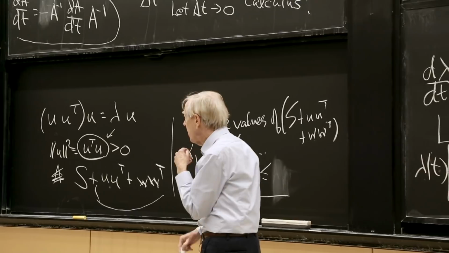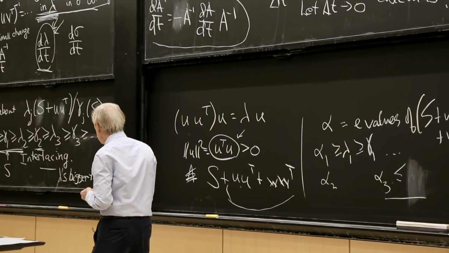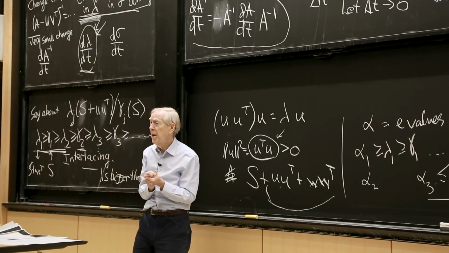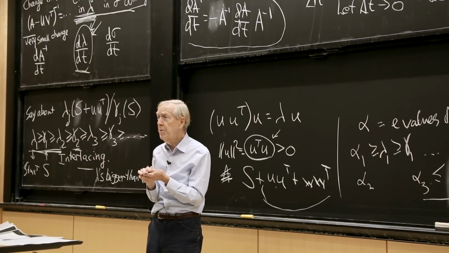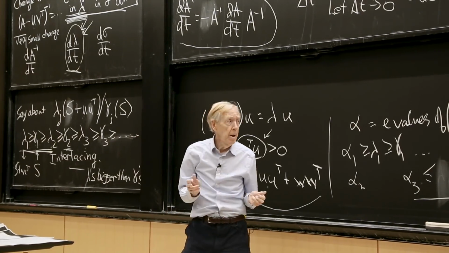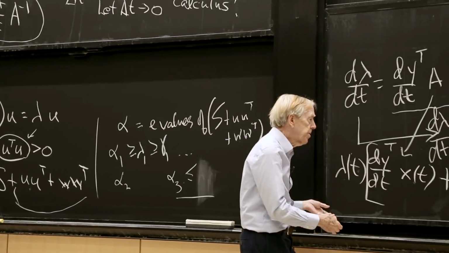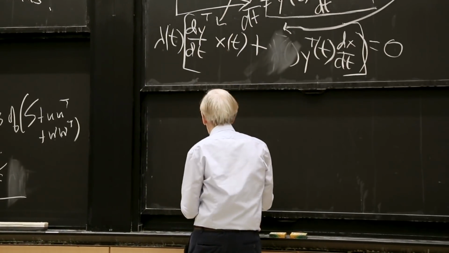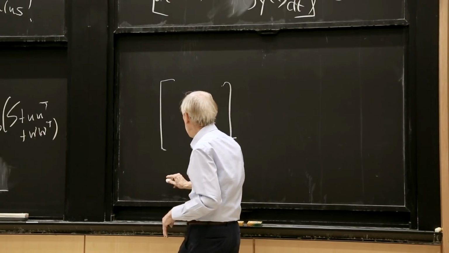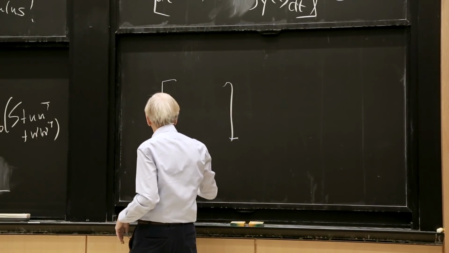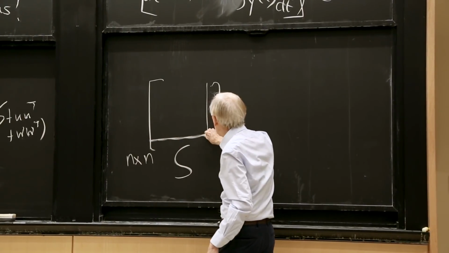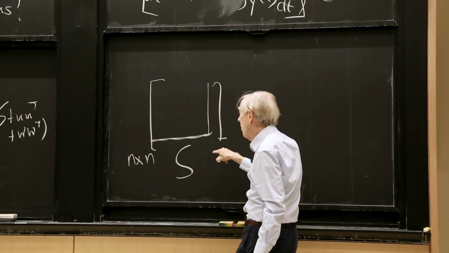Now, there is a little matter of why this is true. This is the good case. Let me give you another example of interlacing. It really comes from this, but let me give you another example that's just striking. So I have a symmetric matrix, n by n. Call it S. And then I throw away the last row and column.